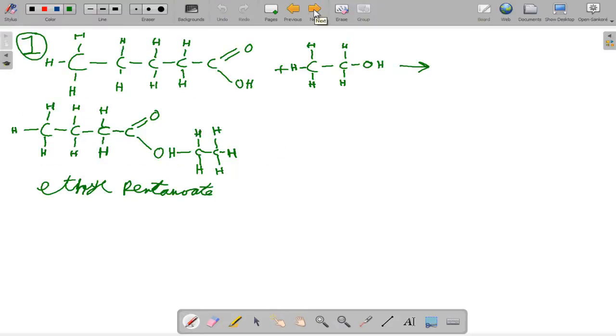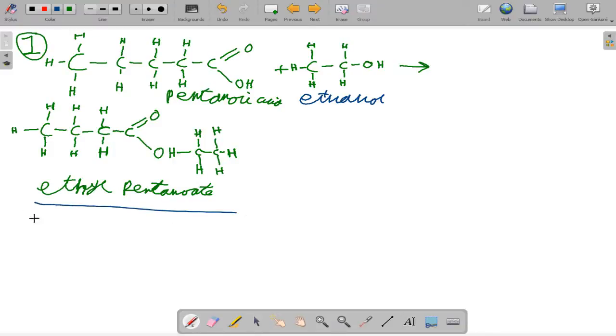So for question 1, we have ethyl pentanoate as the organic product. This is pentanoic acid. I will write pentanoic acid here. And this is ethanol, our good old friend ethanol.